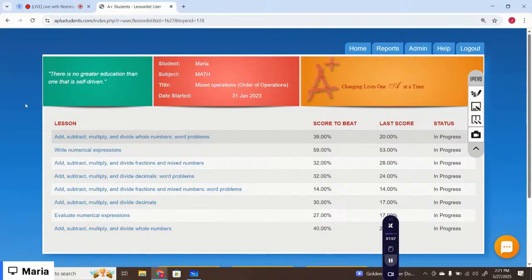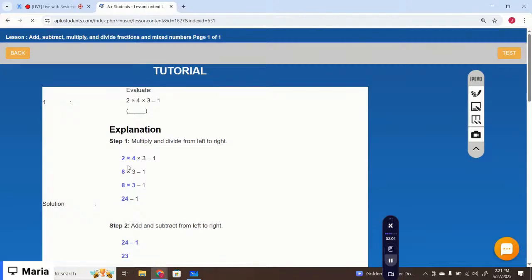The next lesson is add, subtract, multiply, and divide fractions and numbers. So let's just select the lesson.